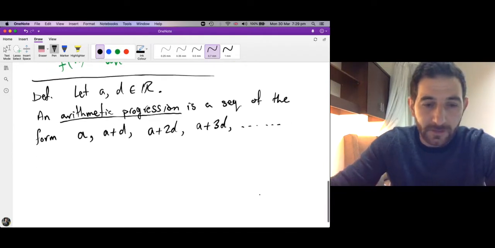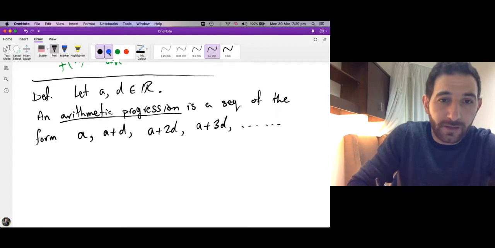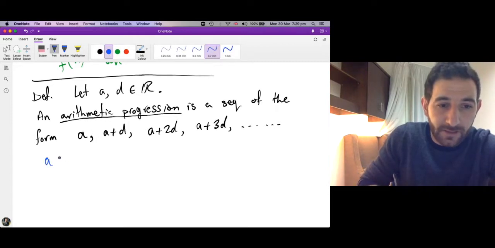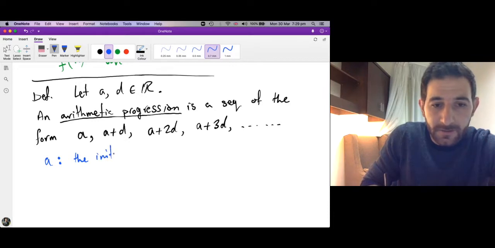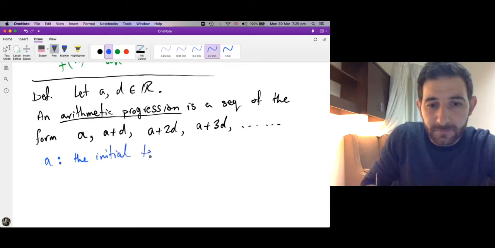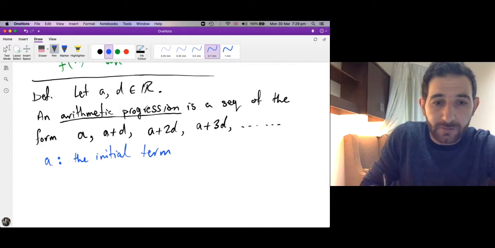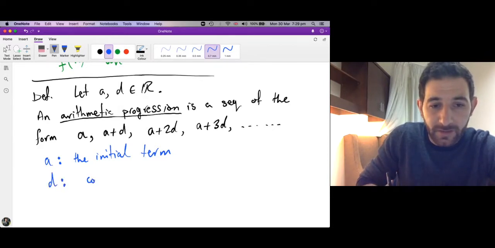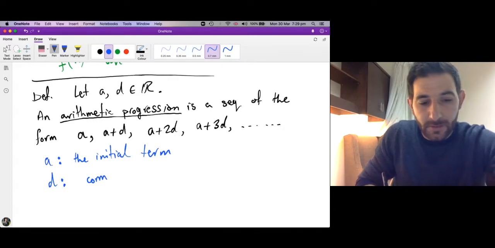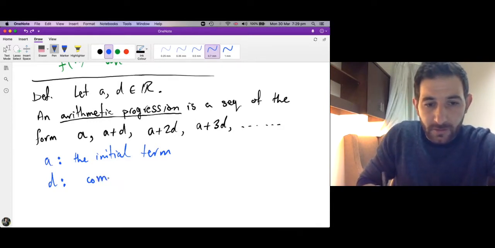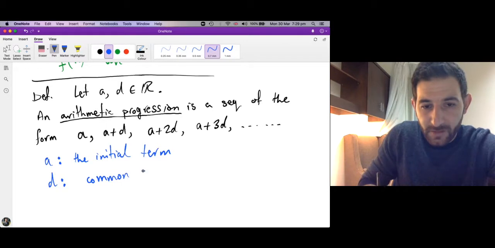Now, A, the first element, is called the initial term, and D, the number we add every time, is called the common difference.